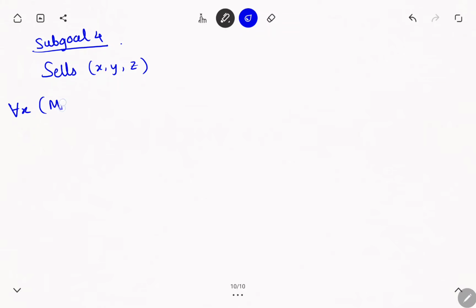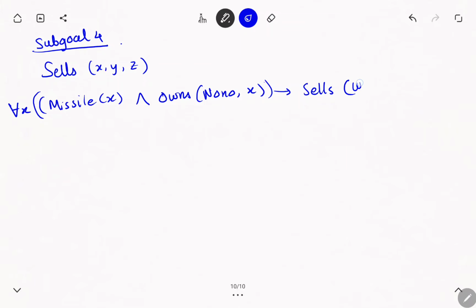So missile x and owns Nono comma x implies sells, okay, missile x and owns Nono comma x implies West has sold x to Nono.